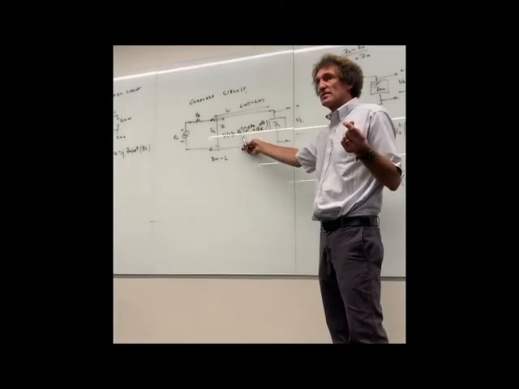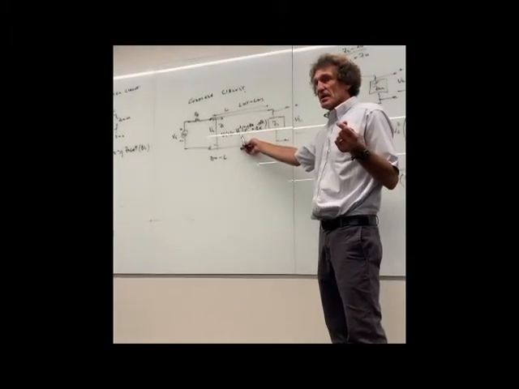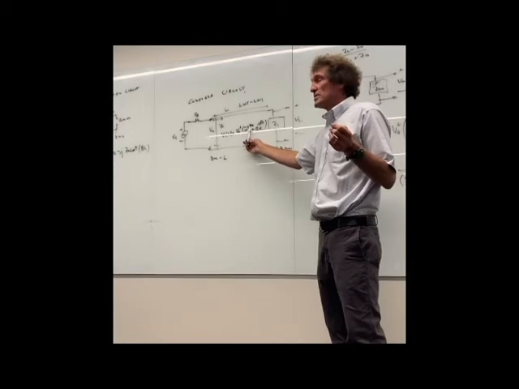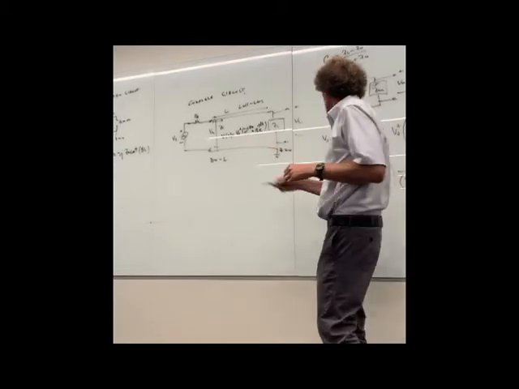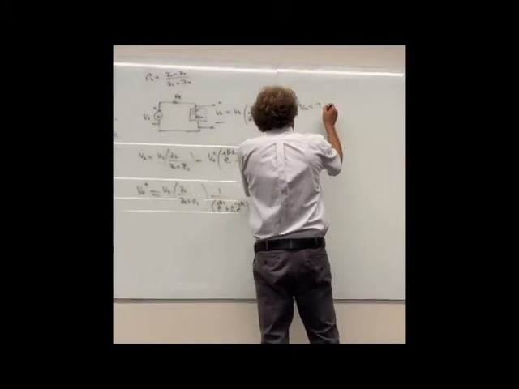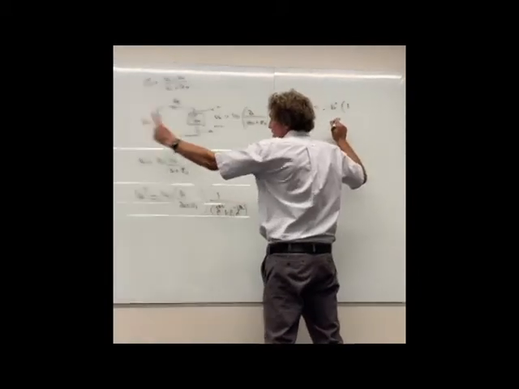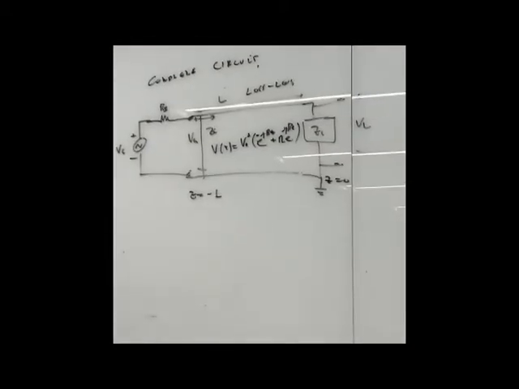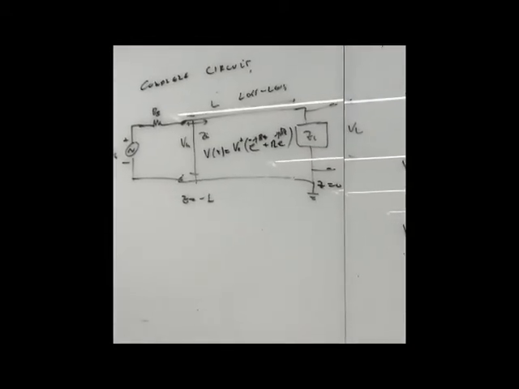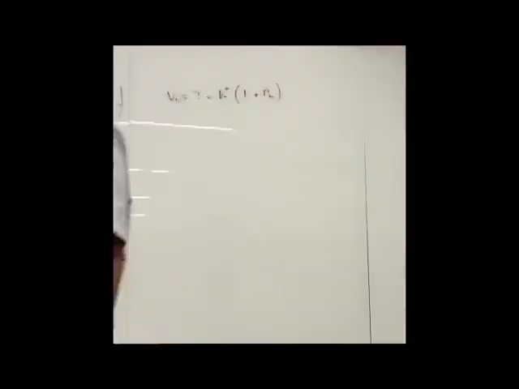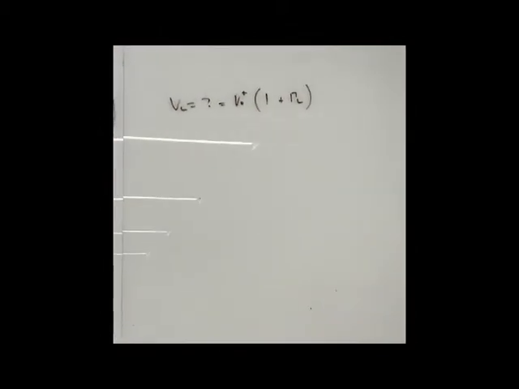I just calculated V0 plus, right? So if I want the voltage of the load, I just put Z equals 0 here, and then the voltage at the load is equal to V0 plus times 1, e to the 0 is 1, 1 plus the reflection coefficient, and voila, I have the voltage at the load. And that's the complete circuit.